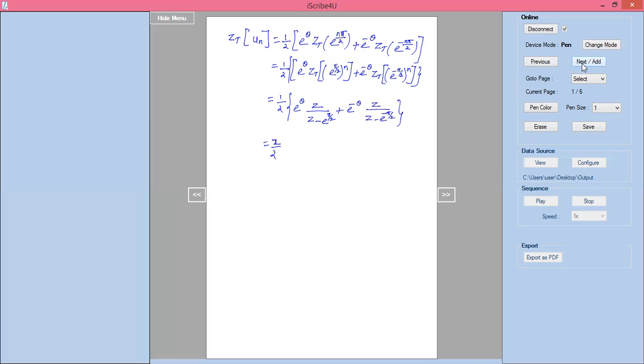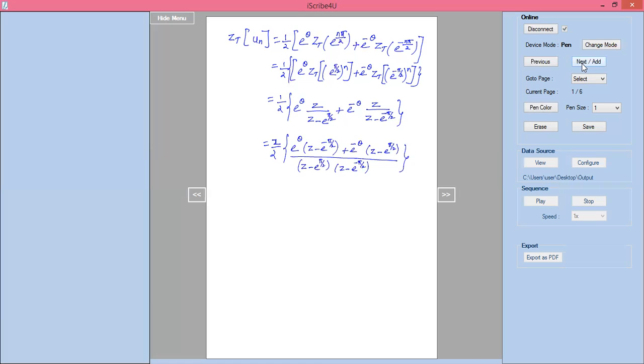So e power theta into z minus of e power minus pi by 2 plus e power minus theta into z minus e power pi by 2. Just I took LCM. And the denominator should be z minus of e power pi by 2 into z minus of e power minus pi by 2.